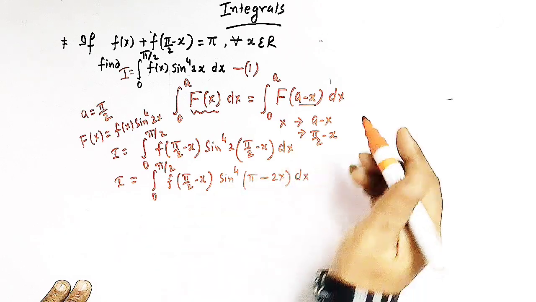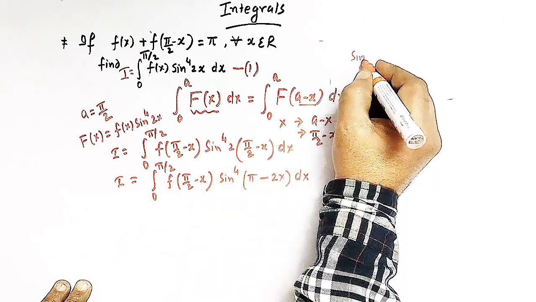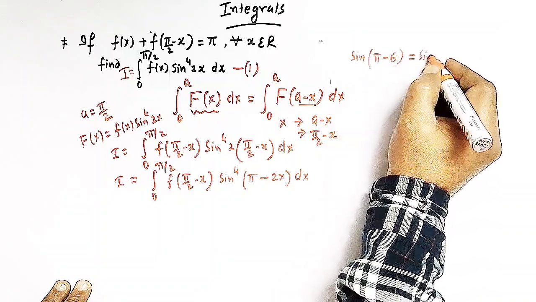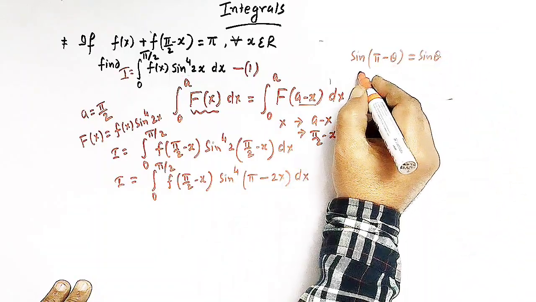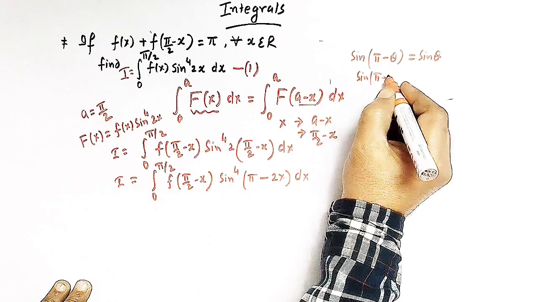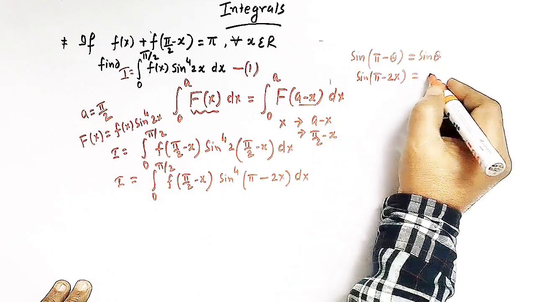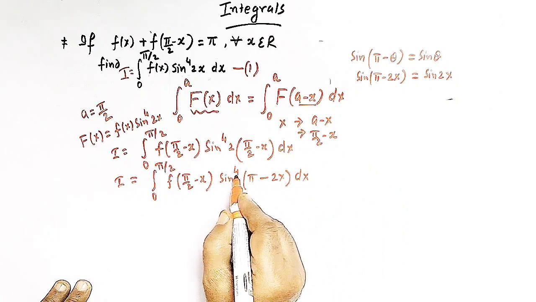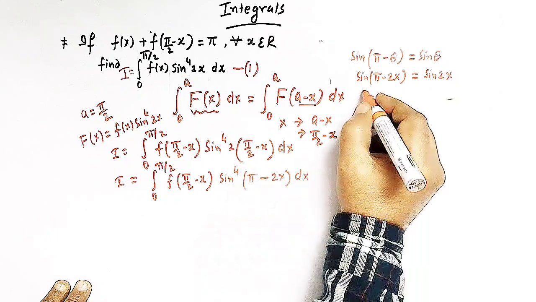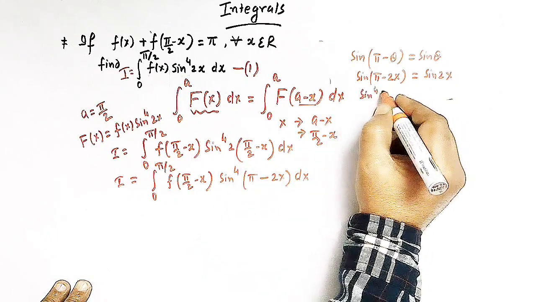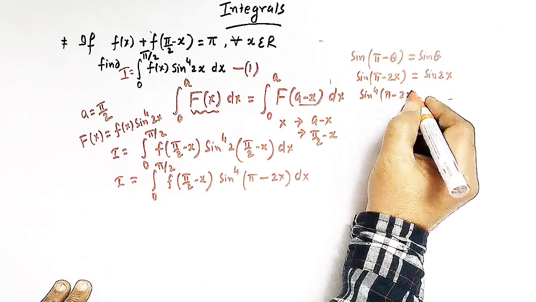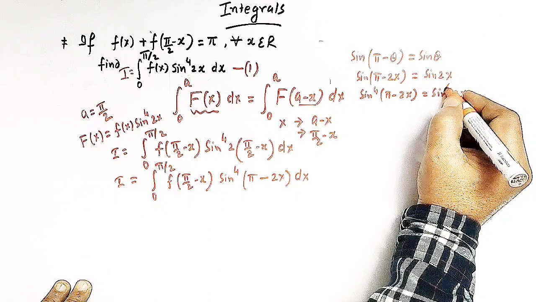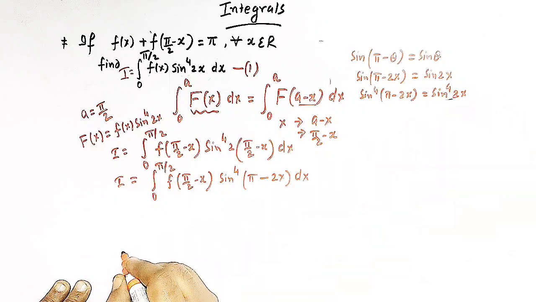Now from trigonometry we know that sine pi minus theta is equal to sine theta, right? So sine pi minus 2x is simply equal to sine 2x, and here we have the power or the exponent 4, so sine pi minus 2x to the power 4 is equal to sine 2x raised to 4, right?